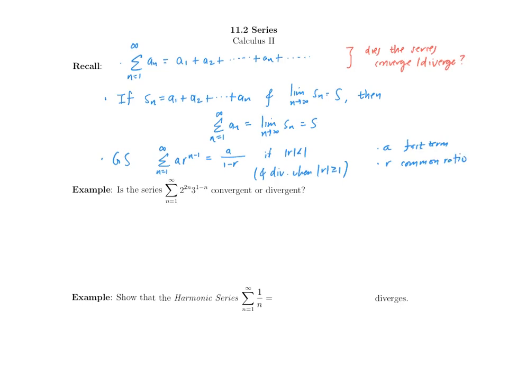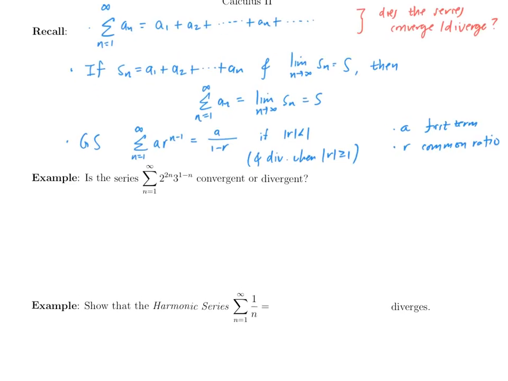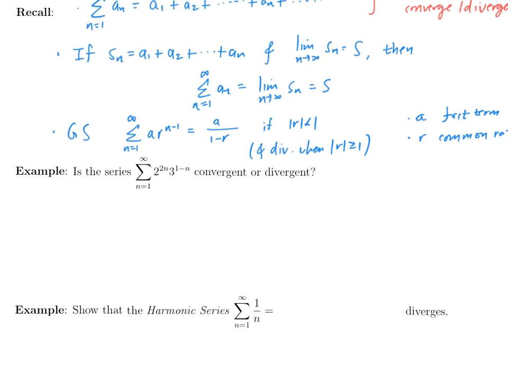So let's begin our discussion today by looking at an example of one of these geometric series. The question we have is, does the series given here converge or diverge? And the key thing that we need to do to get started is really just a bit of exponential algebra.